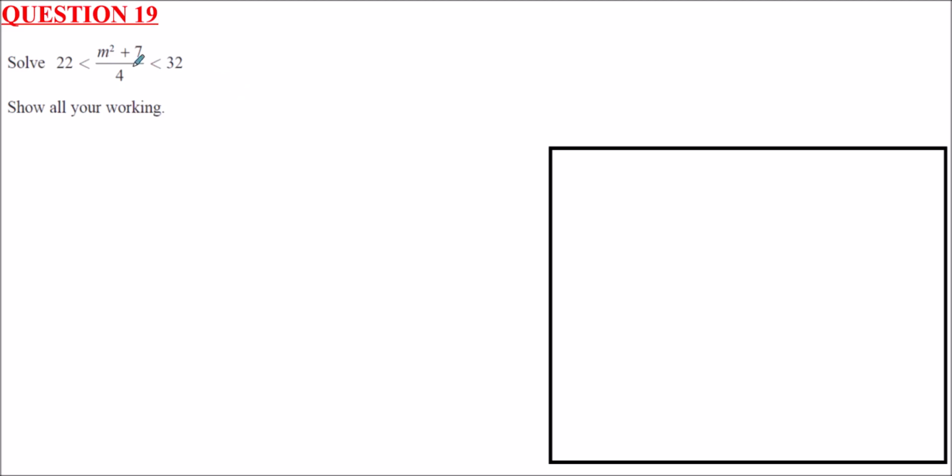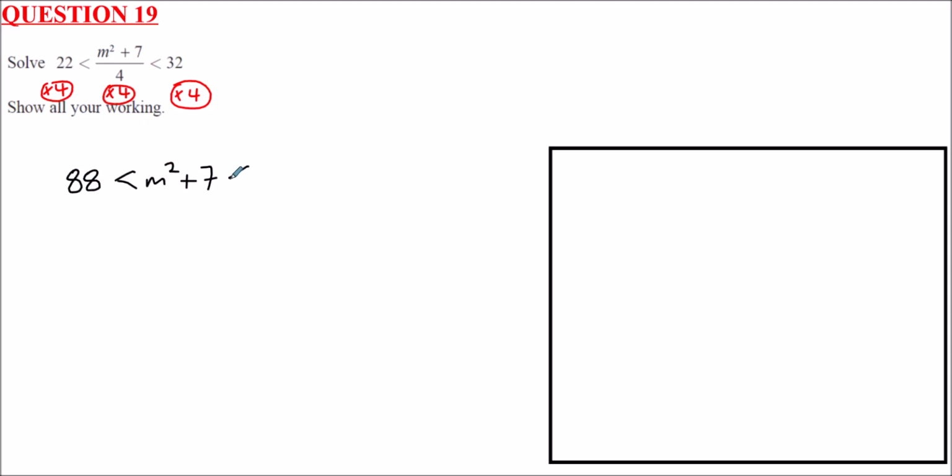What I would suggest we do here, because I don't really like fractions as they're not as easy as whole numbers, is multiply everything by 4. So times the first bit by 4, the middle bit by 4, and the end bit by 4. This gives us 22 times 4, which is 88. Over here we just have m squared plus 7.